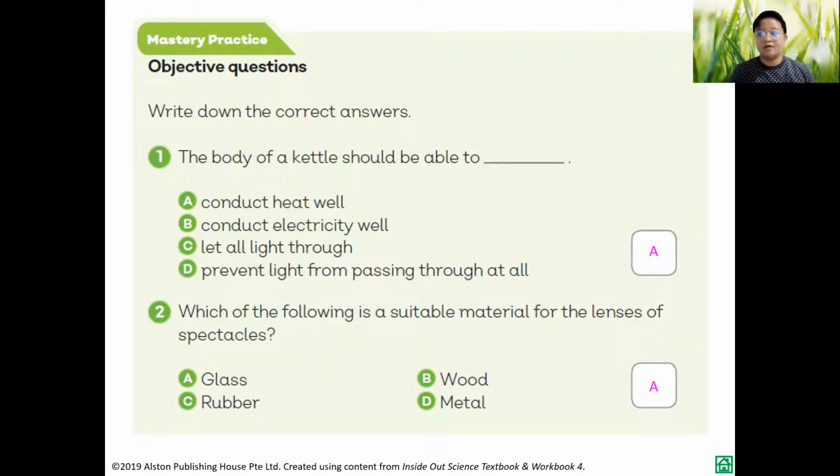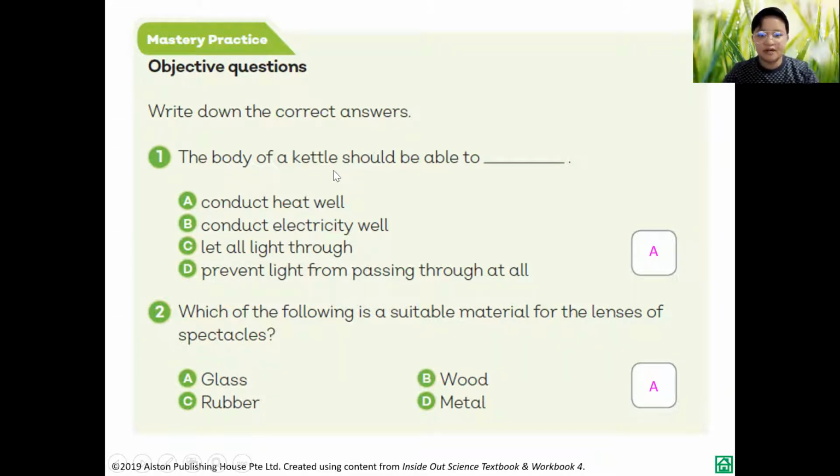Write down the correct answers. Grade 4, remember to always follow instructions. When it says write down, you write it in the box. When it says encircle, you encircle it. It's very important to follow instructions. So let's begin with number 1.